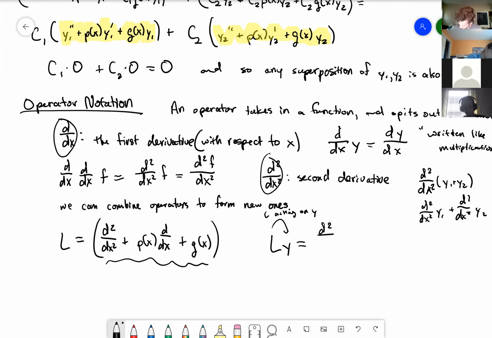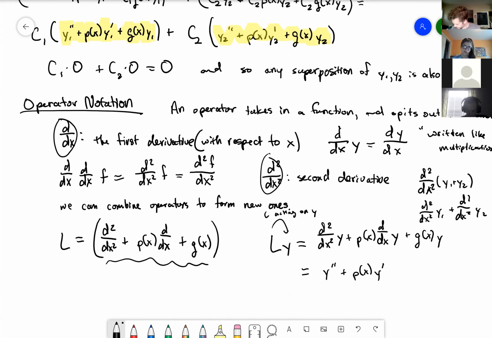We get the second derivative of y with respect to x plus P of x times the first derivative of y with respect to x plus Q of x just times y. And of course, this is nothing but what we had before for the second order ODE, the left-hand side, but written in terms of operators instead of in terms of these apostrophes.